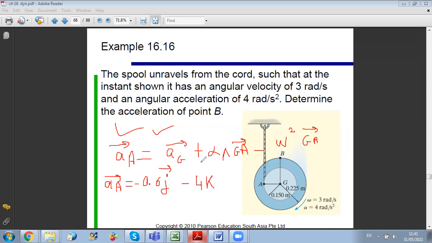So it's minus 4k vectorial minus 0.15i. And minus, we have minus omega square GA. And GA, we can directly replace by minus 0.15i.